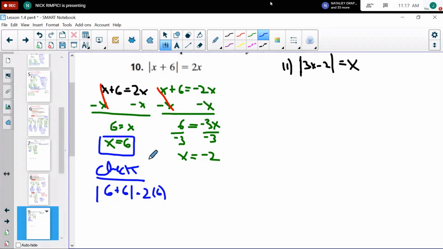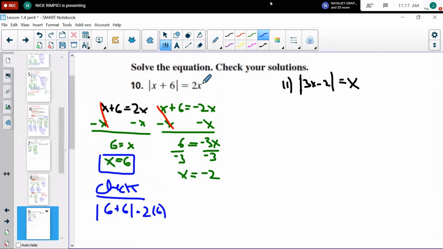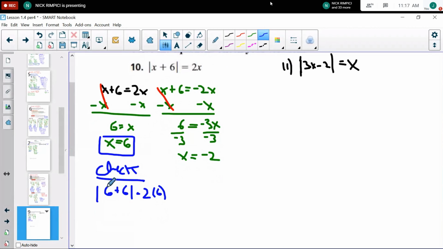What we're doing is dropping the 6 into both x positions to make sure it works. When she does that, she's going to have 12, because 6 plus 6 is 12, and the absolute value is 12. And here, 2 times 6 is 12. So this is correct. We can see that 6 does make the statement true. So I agree with her.